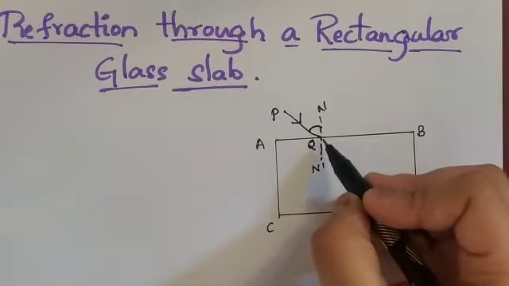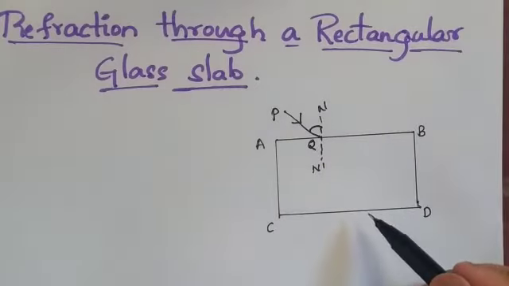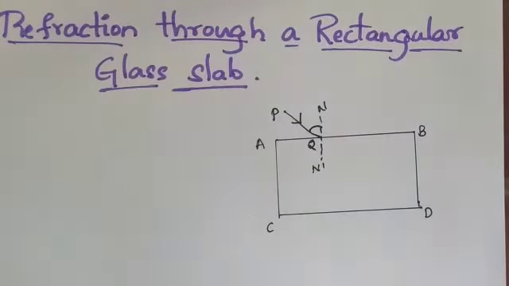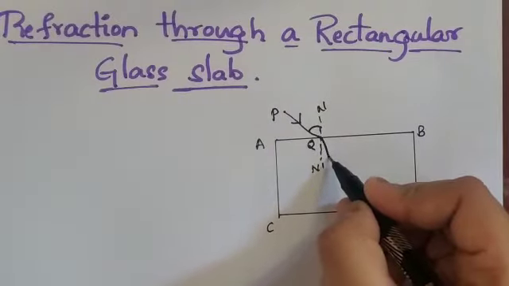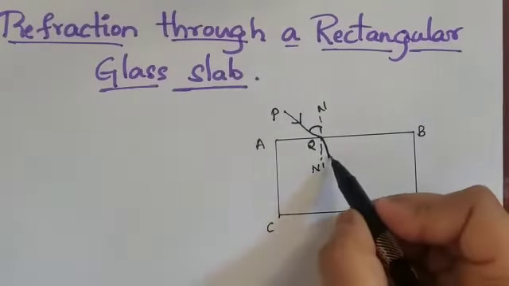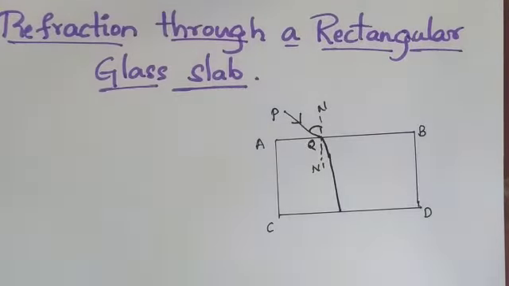Now you know when light travels from rarer medium to denser medium, the light ray bends towards the normal. So towards the normal the light has been bent. Let me continue this bending, so it comes to this position.